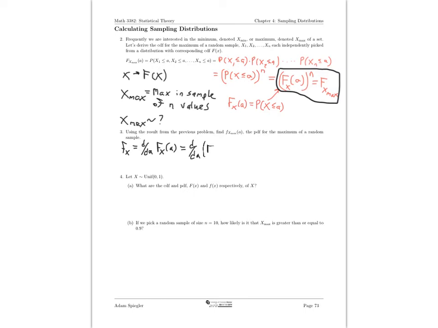So I want to differentiate F_x of a raised to the nth power. Here we can use the power rule on this. The n comes down. We get the cumulative distribution of x at a. The power drops by 1, but we need to be careful. Here we need to use the chain rule, so I would then need to multiply by the derivative of the inside function.